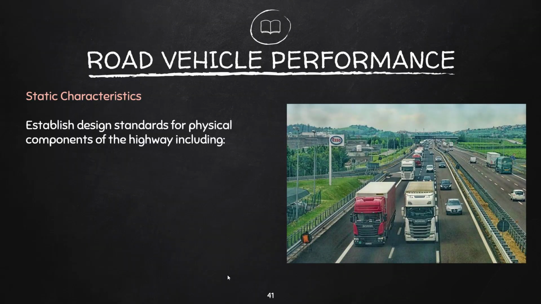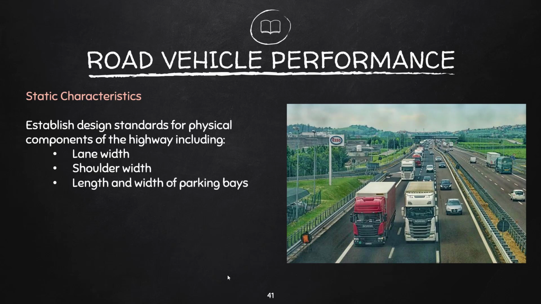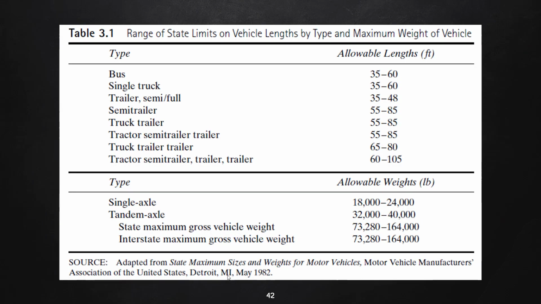Static characteristics are established design standards for physical components of the highway, including lane width, the shoulder width, the length and width of parking bays, and the length of vertical curves.